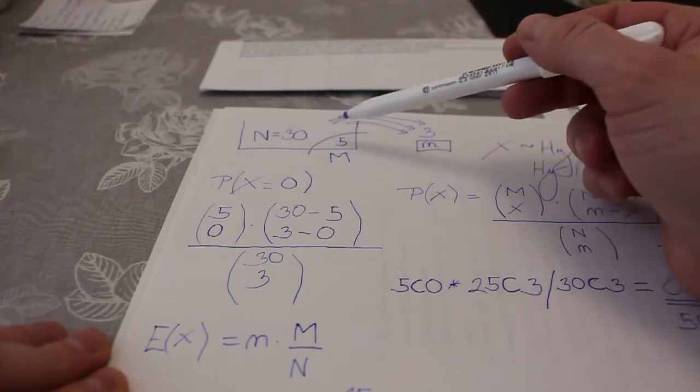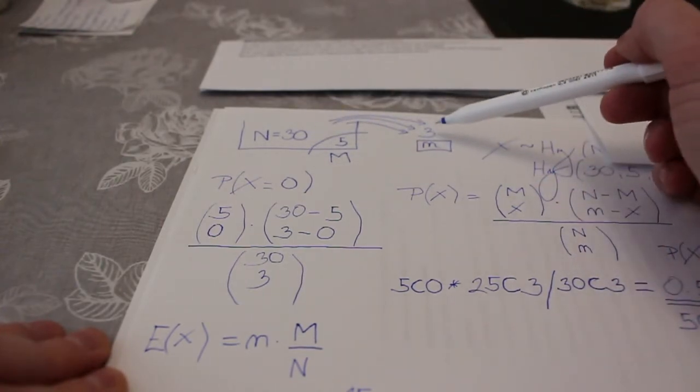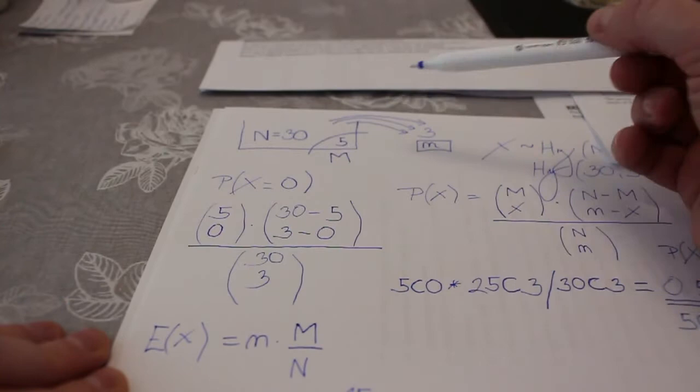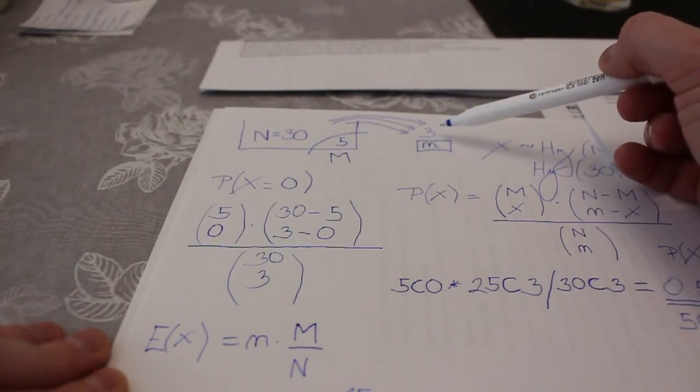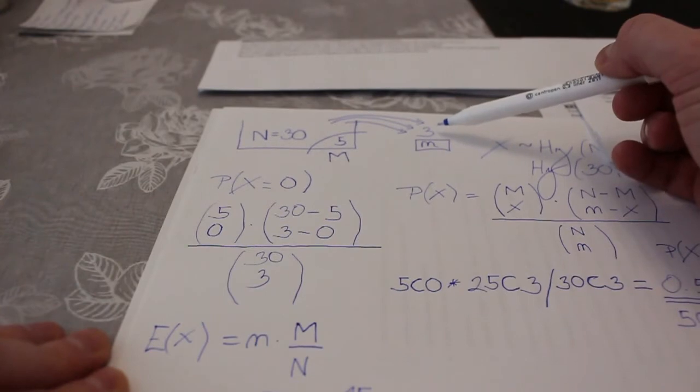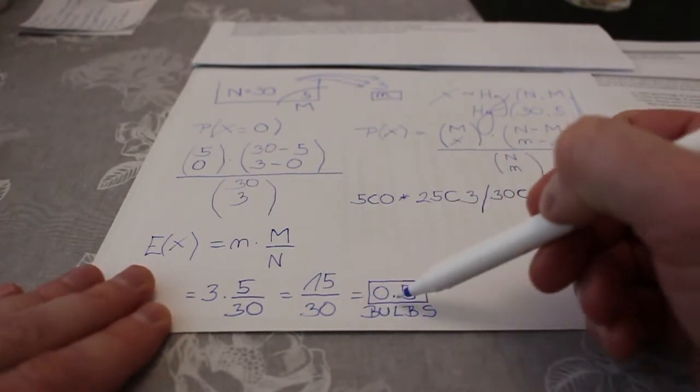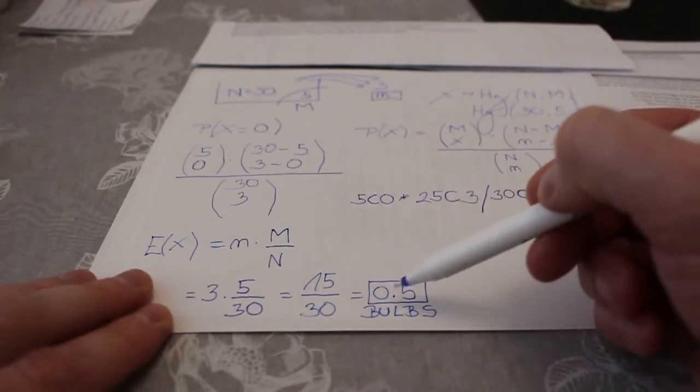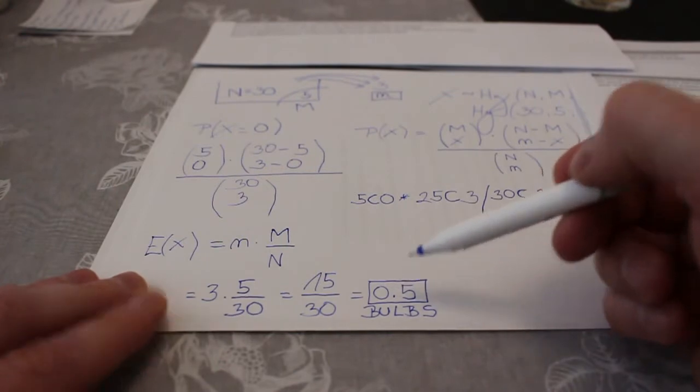You will select 3 bulbs from this box. You will check if the bulbs shine in the candle, and you will see that one bulb will be damaged, and in average we have 1/2 of damaged bulbs in this selection.